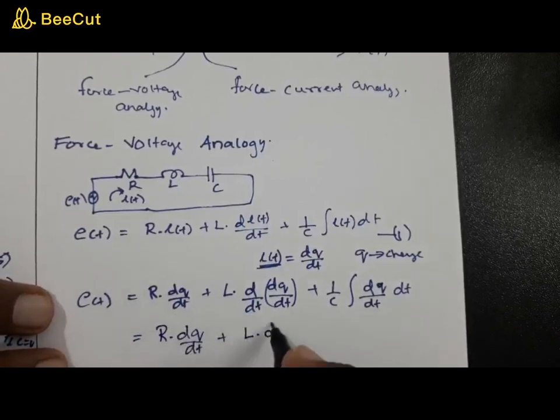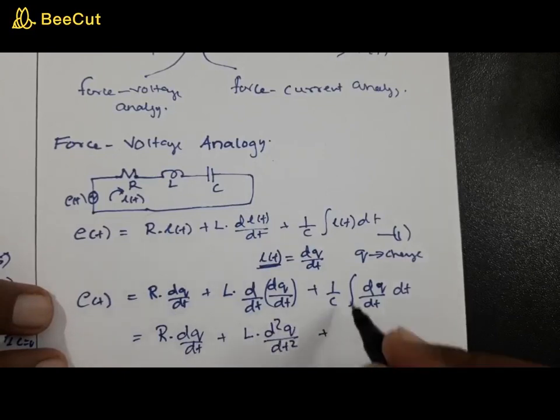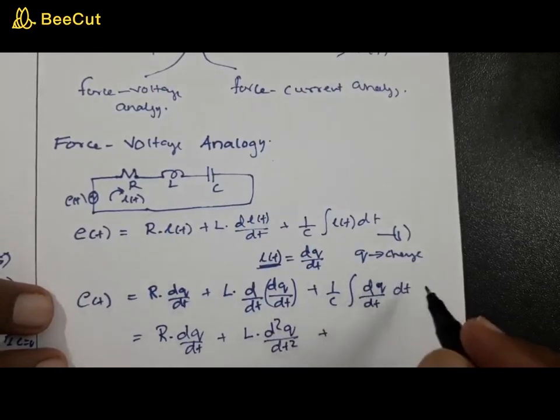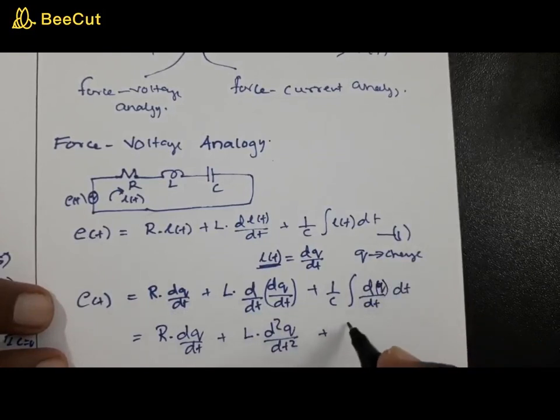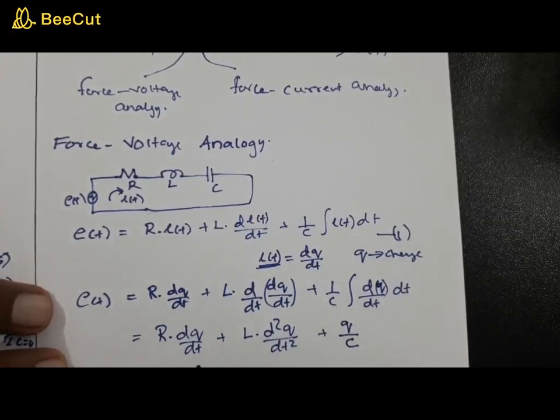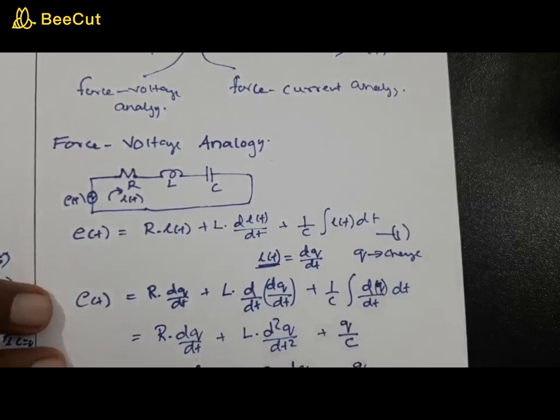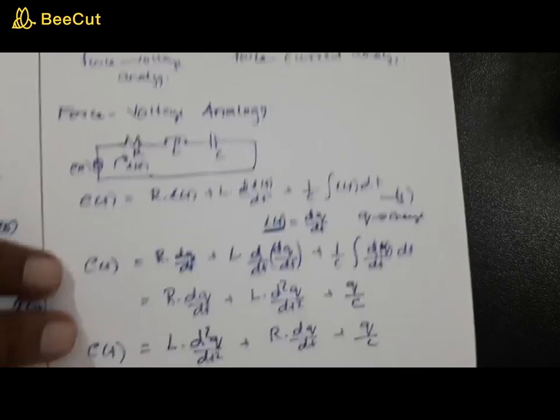This is L into d square q by dt square plus, what about this? The integral of the derivative of a function is that function itself. So this charge is a function, so this will be q by C, right? Now rearranging this, we will get L into d square q by dt square plus R into dq by dt plus q by C actually equal to e of t.